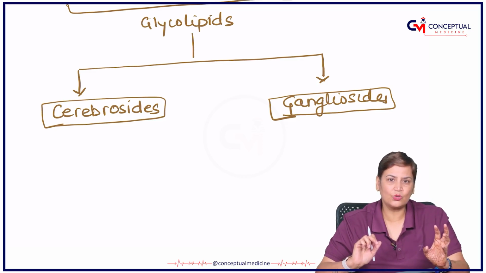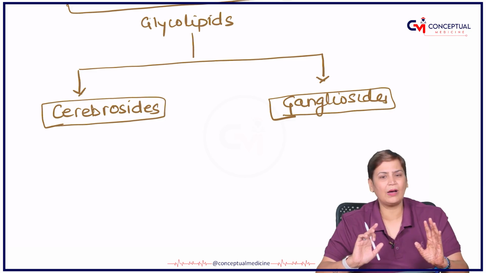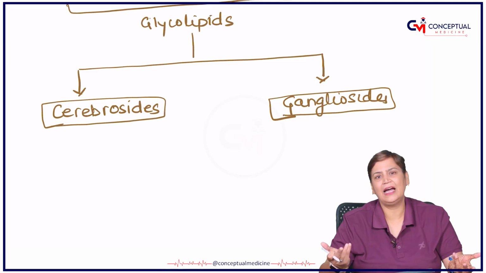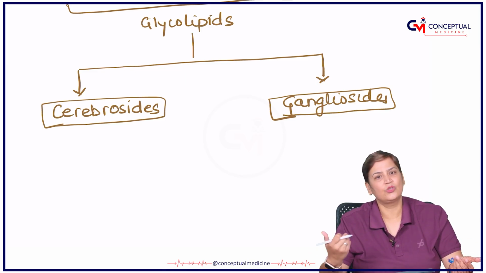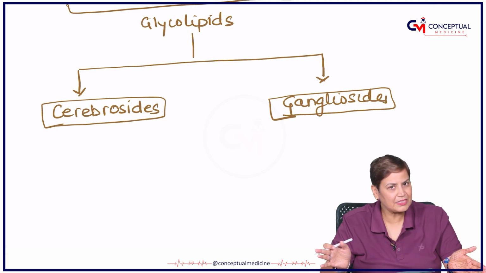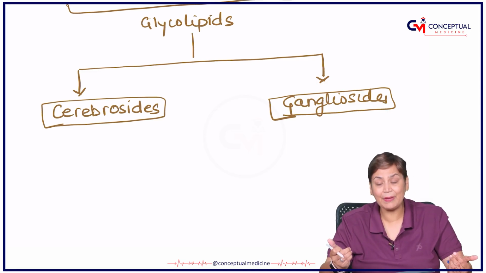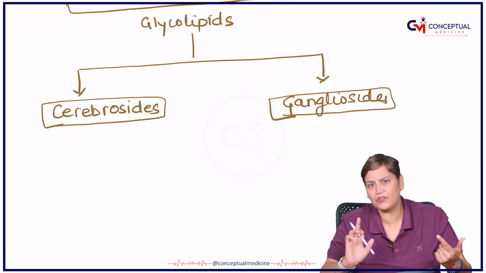Now you must have understood what is the difference also. If we have to broadly differentiate between a phospholipid and a glycolipid, I can simply say that in one phosphate is present, in the other carbohydrate is present. So in glycolipids, phosphate will never be present, and in phospholipids, carbohydrate will never be present. And depending upon that, in glycolipids the alcohol is only sphingosine.